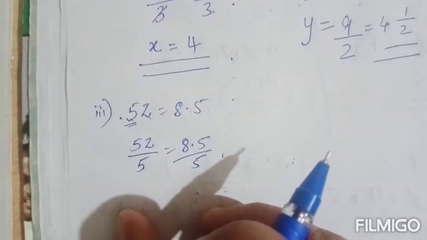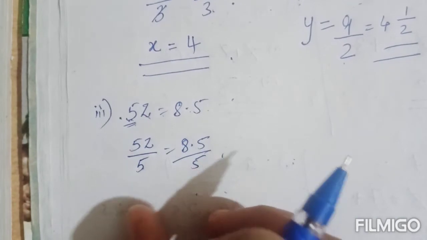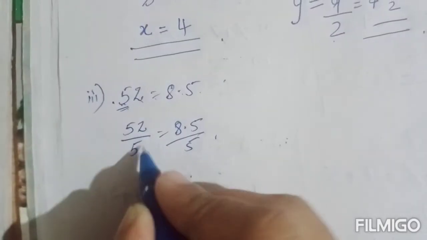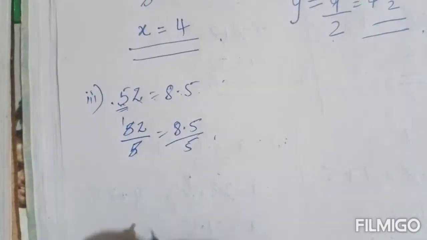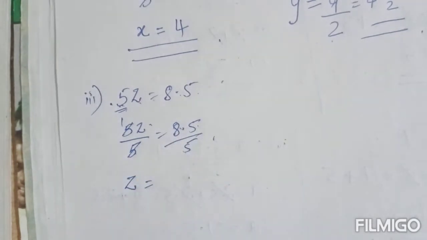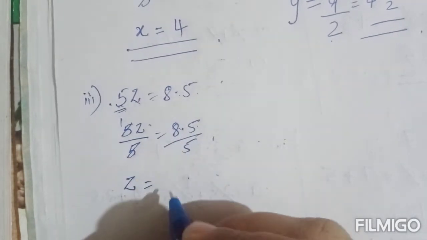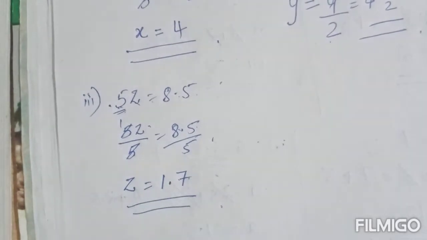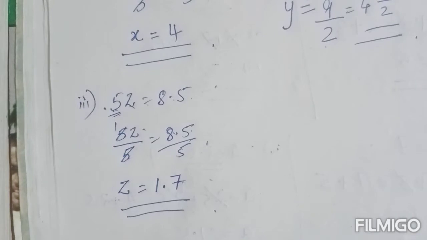Both sides we are dividing by 5. There will be no change in the equation, according to our rule. Okay, so 5 divided by 5 is 1. That is 1z means z equal to 8.5 by 5. You can divide. You will get 1.7. So z equal to 1.7 will be the answer.